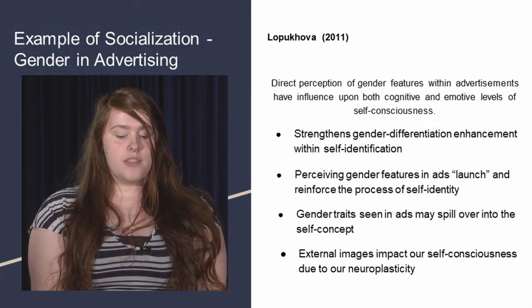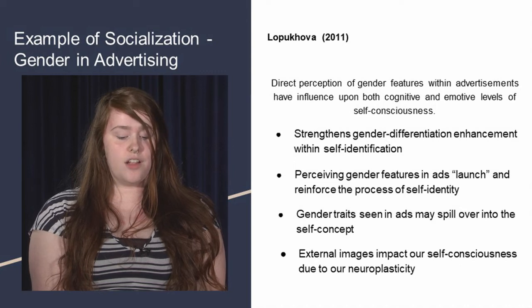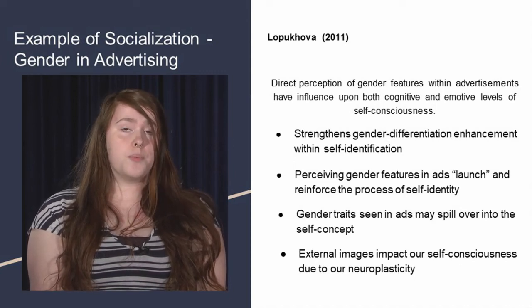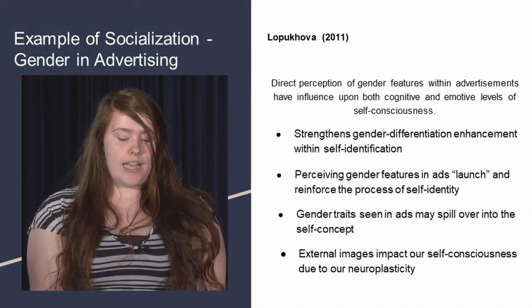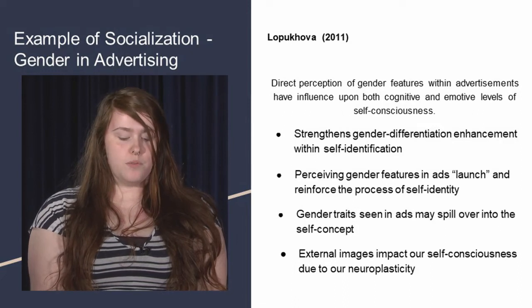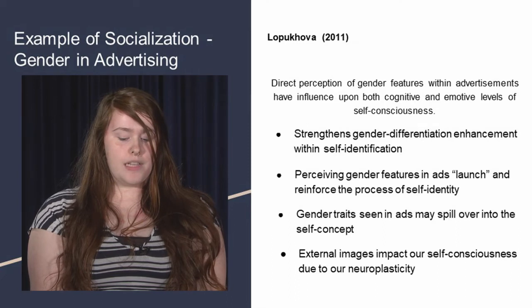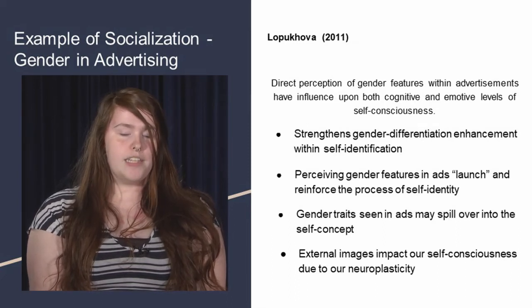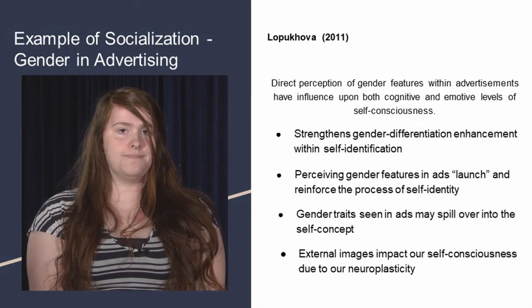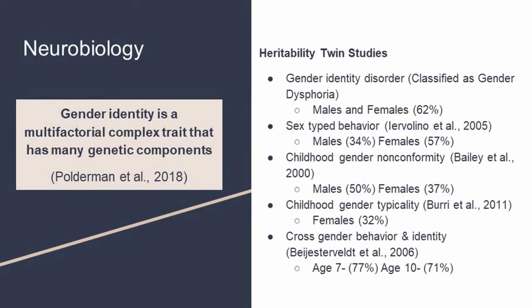Based on her results, it was concluded that these images are impacting our self-consciousness and our self-identity because of our brain's ability to adapt based on what we see and experience. This is what is meant by neuroplasticity. In knowing our susceptibility to these images, we can begin to identify ways in which we are affected by the reinforcement of stereotypes. Next, we'll talk about the neurobiological aspect of gender identity.